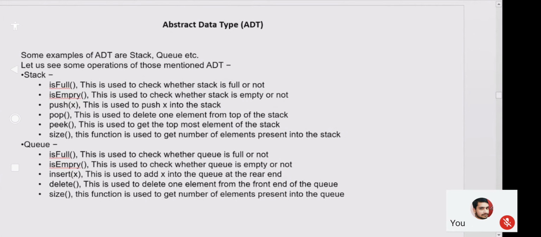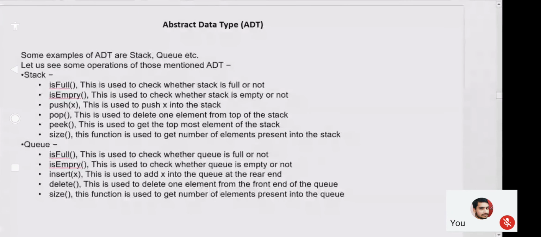For abstraction purposes, we are not aware of how the functions are implemented. Whenever the implementation comes, it is no longer abstraction, it will be a data structure. So whenever we implement stack, it will be a data structure.